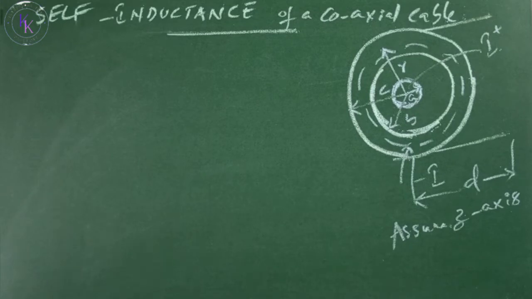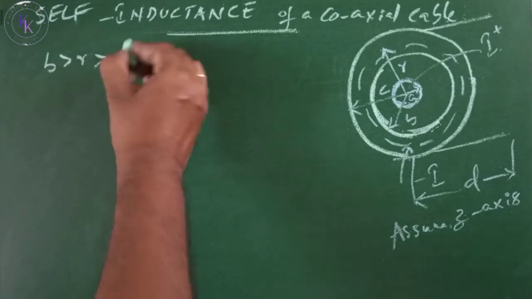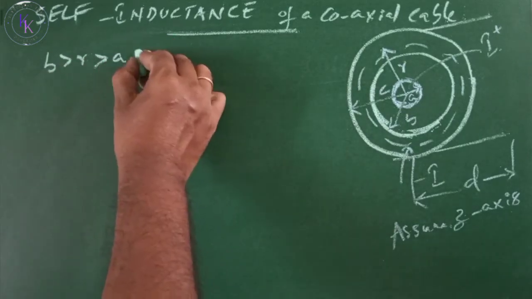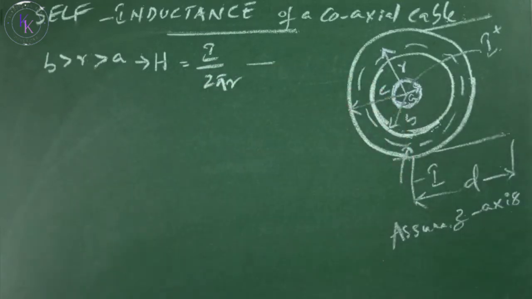The magnetic flux contained between the conductor lengths D of the cable is equal to the flux crossing any radial plane. Now, from the previous video, the field intensity in between the inner and outer conductor of the cable, where B is greater than R is greater than A, is H equals I by 2 pi r. The link is given in the description. Please go through it.